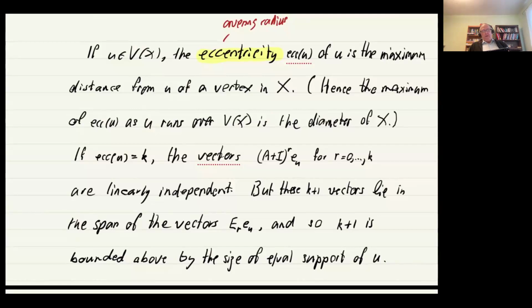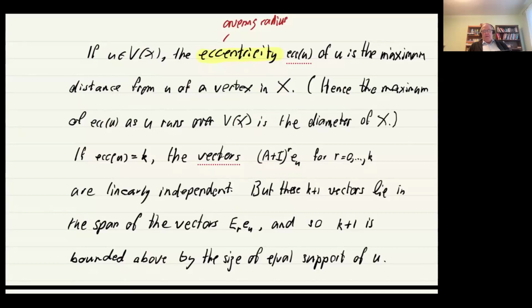So if the eccentricity of a vertex u is k, then we look at the vectors (A + I)^r times e_u. Now the I is in there because of problems you run into with bipartite graphs, but (A + I)^r e_u is a vector, and its support, the set of entries in which it's non-zero, increases strictly as you go from 0 to k.